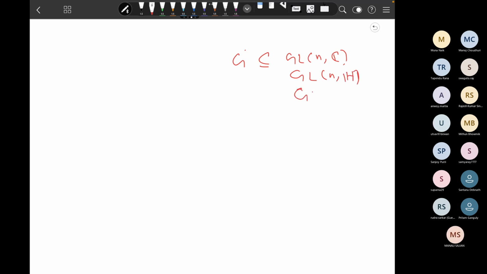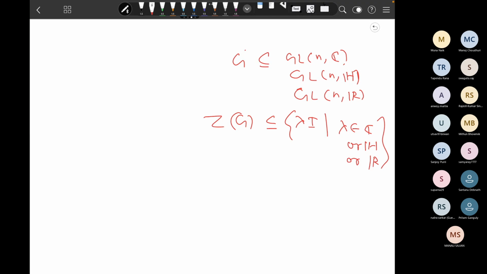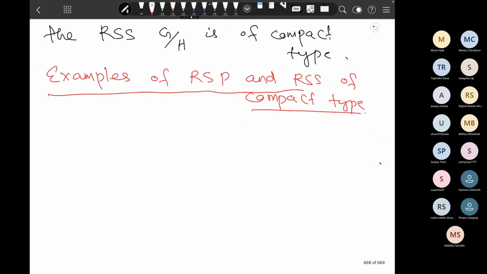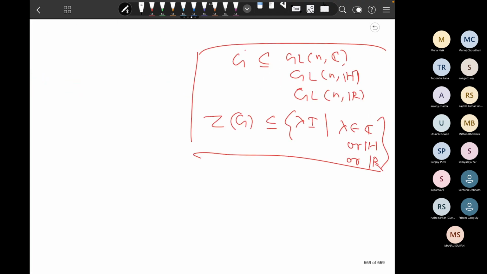These are the groups we have really discussed. So if you look at the center of G for the time being, just assume that it is contained inside lambda I, where lambda belongs to C or H or R. Probably we will prove all these things, but for the time being, because we have to eventually calculate the center, you just assume that.